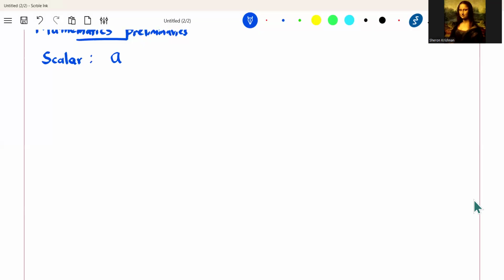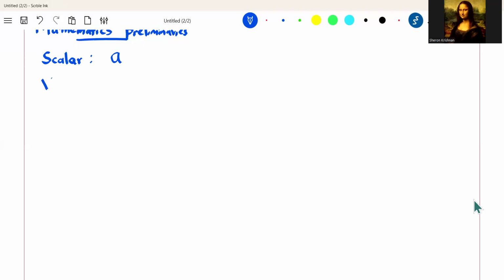You can use it in a smart way to represent many equations in a single notation. In scalar index notation, we don't use any index. Just A, even in the matrix form. Just one letter. Okay, so this is a scalar.